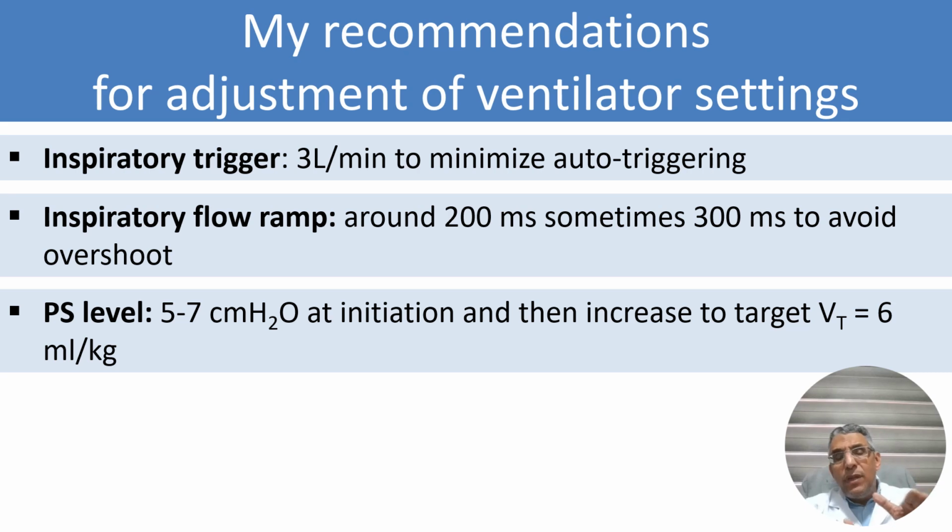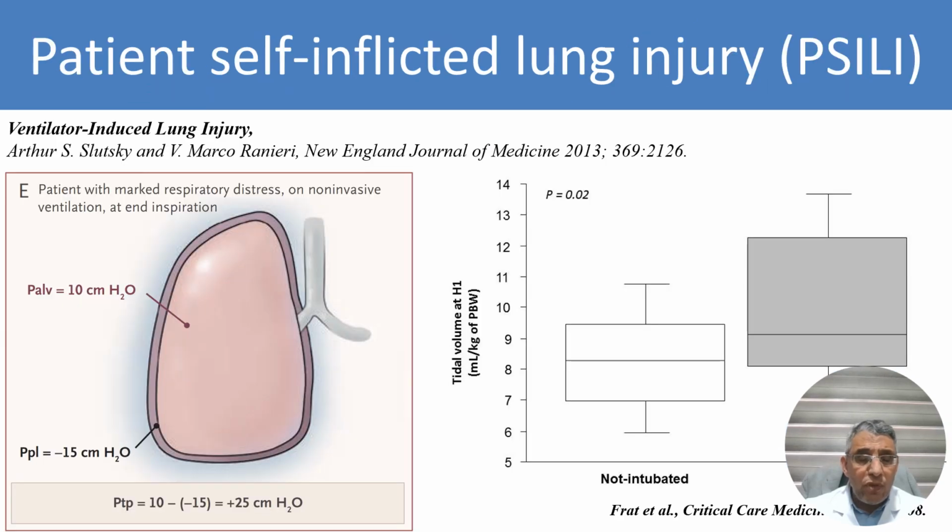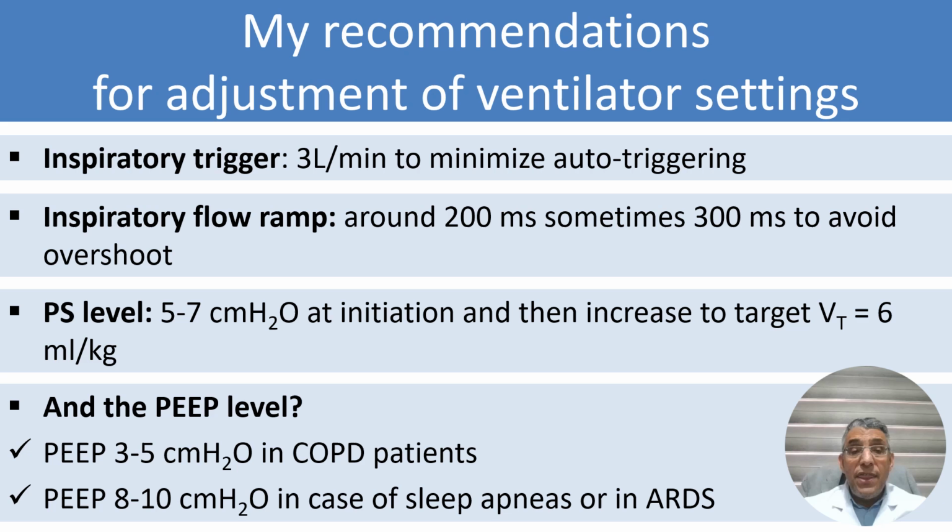This is the difference between both, the pressure support level, and increase gradually to the target tidal volume of 6 milliliters per kg. And take care that high tidal volume in patients with de novo acute respiratory failure may lead to ventilator-induced lung injury. And finally, the PEEP level normally 3 to 5, usually 4.